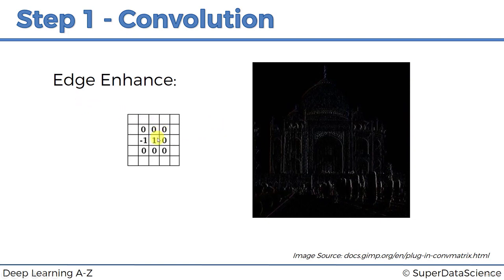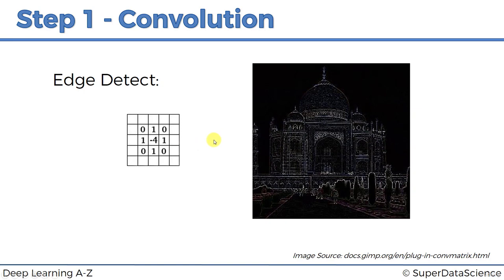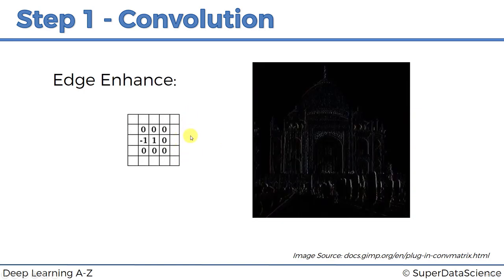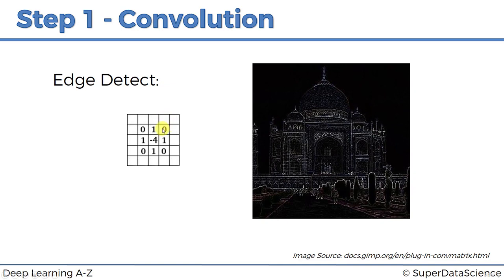Edge enhance. Here you can see -1 and 1, and you get 0s, right? So you remove the pixels around the main one in the middle, and you only keep this one at a -1, and it gives you an edge. This one's a bit harder to understand intuitively. Edge detect, this one probably makes more sense.